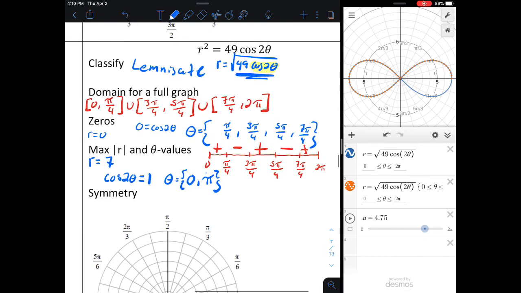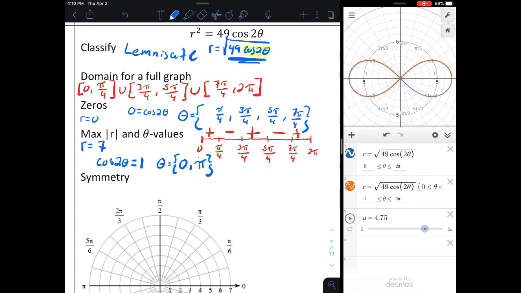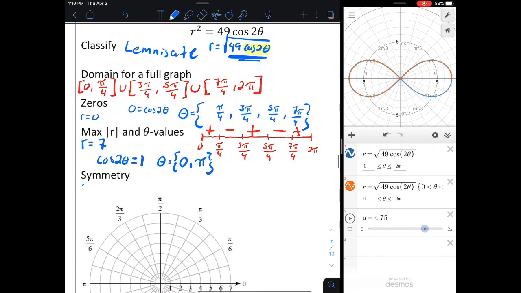And the last thing we have for our analysis is to talk about symmetry. Looking at this curve, it is symmetric over the polar axis. It is symmetric over the vertical line theta equals pi over 2. And it's also symmetric if I fold it over both of them, which we'll call origin symmetry, or symmetry about the pole.